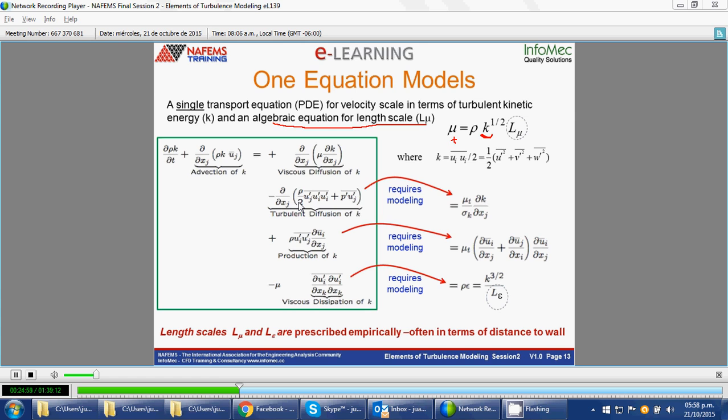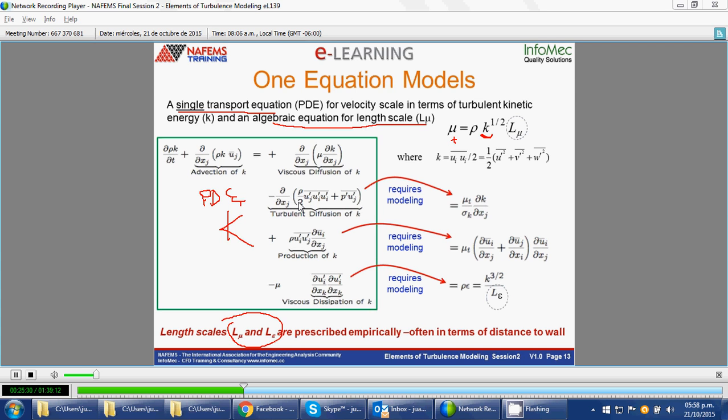So if we have a PDE for k, and then have some sort of algebraic relationship for this L mu or L epsilon, then we have a one equation model here, a single transport equation.